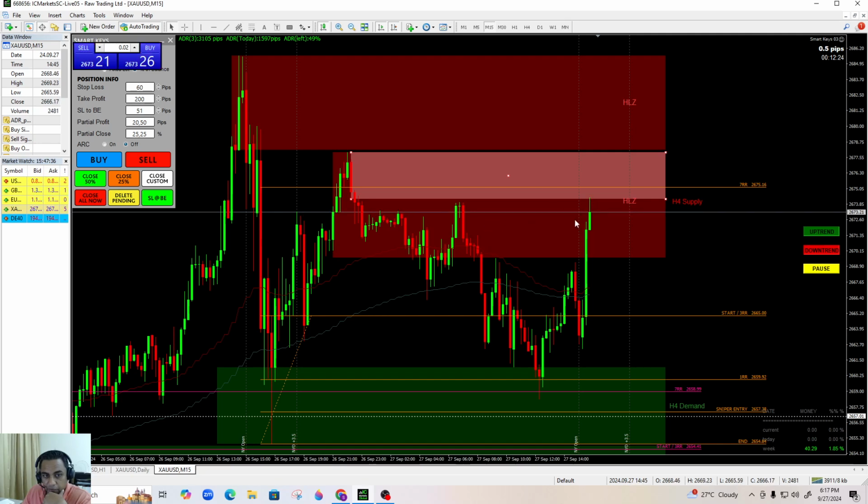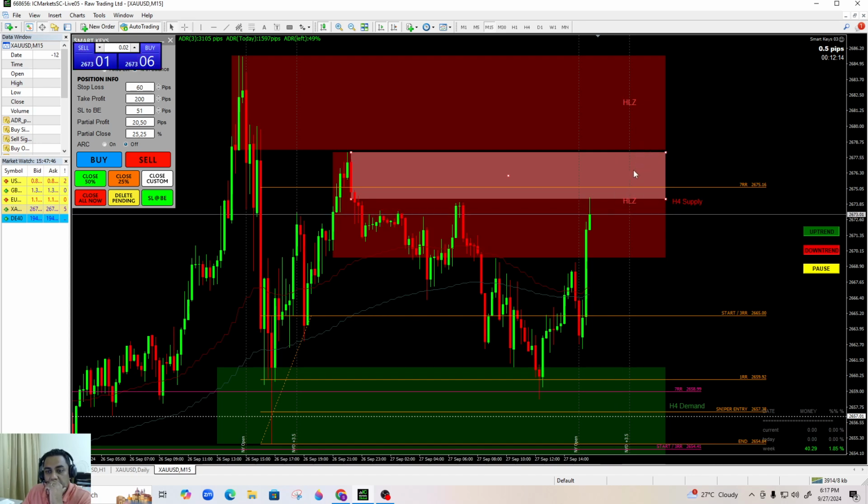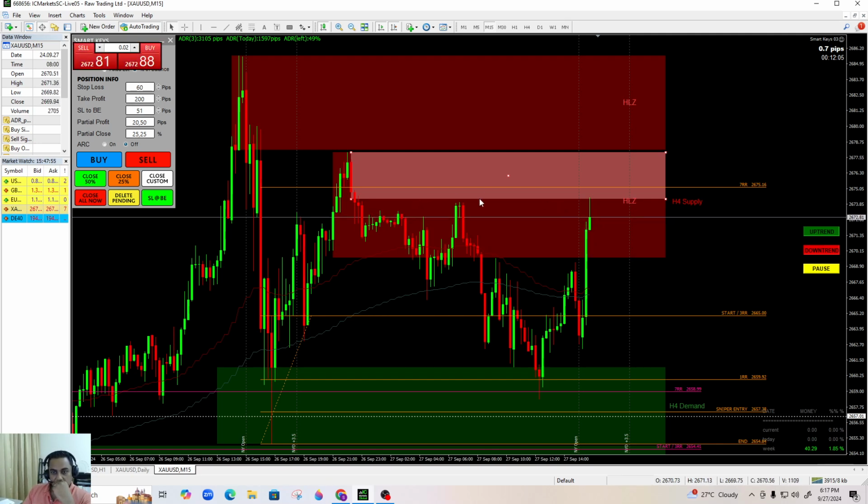Okay, we tapped that 423. Okay, now I want to see. So if I do take a trade here, that's a 45 pip stop loss. It's quite steep. You've got to wait for this candle to close. But we did tap into that.